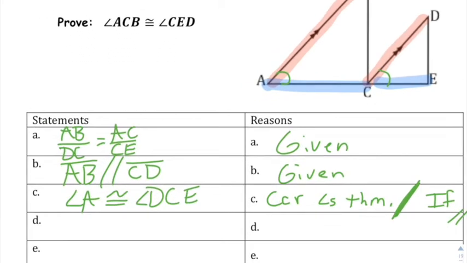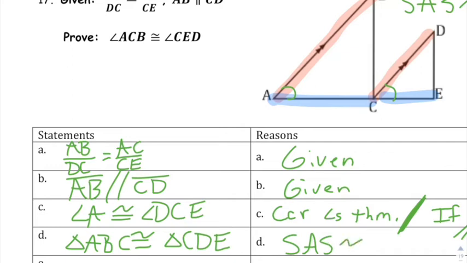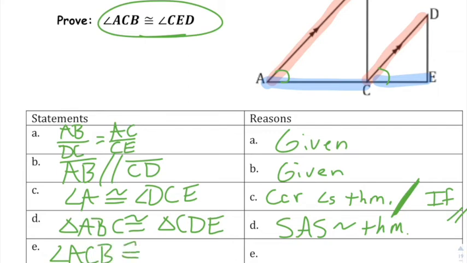Alright, so then we can say that the two triangles are similar. So we'll say triangle ABC is similar to triangle CDE. You say side angle side similarity theorem. And then, last but not least, they're trying to prove that these leftover two angles, ACB, is congruent to angle CED.